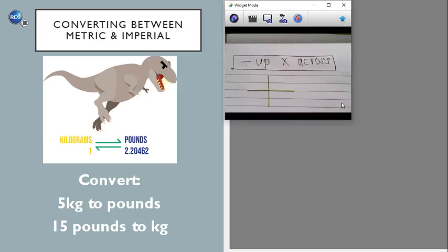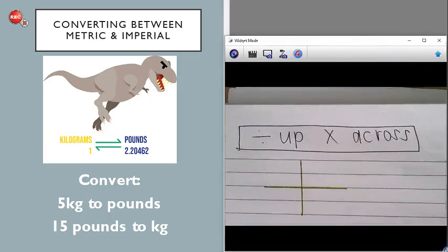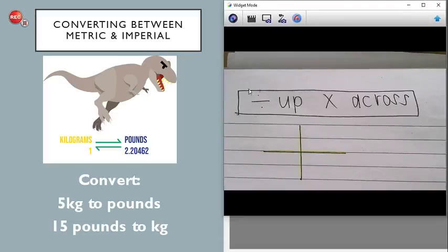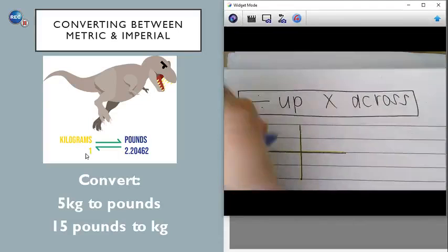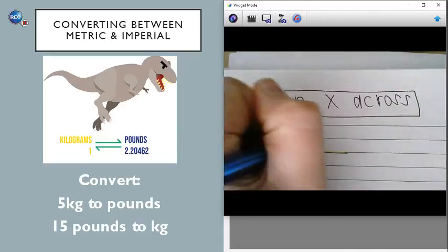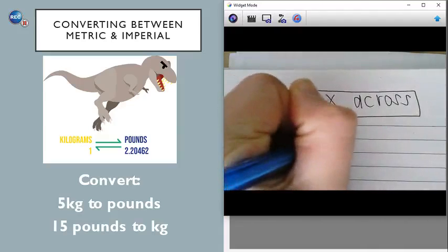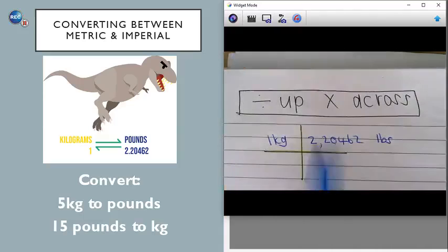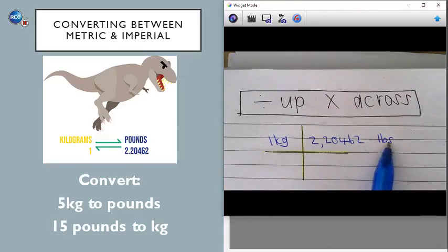Now what you'll see is, if I make the screen a bit bigger, this method is basically dividing up and multiplying across. So if we look here, it says 1 kilogram is equal to 2,20462 pounds. Now don't forget that pounds is abbreviated LBS.